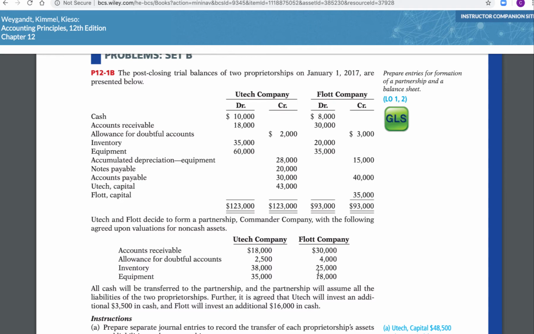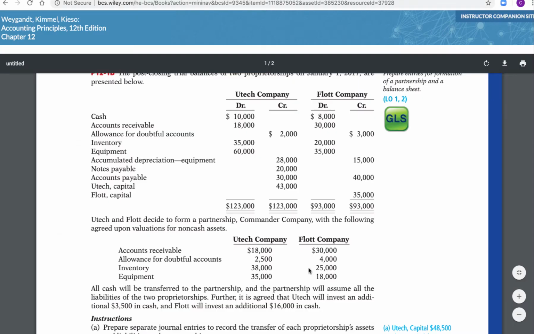But what's it worth today? Meaning, if I had to replace this inventory, what's the fair market value of this inventory? Well, if they had to replace all that old inventory, they would have to pay $25,000 today. That's the value of the inventory that goes into that new partnership.